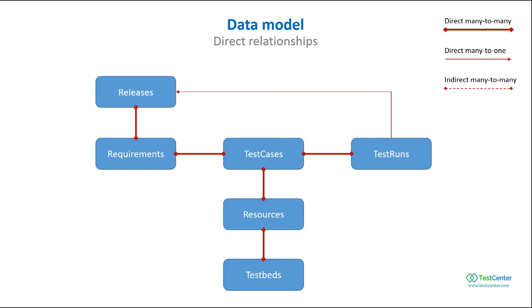You can have several test runs related to a specific release, because you can test the same release several times with different perspectives. You might want to focus on different parts of the release for different test runs.